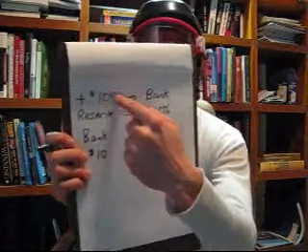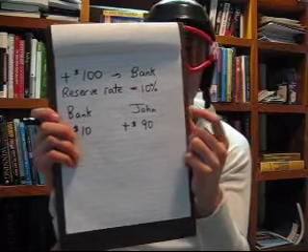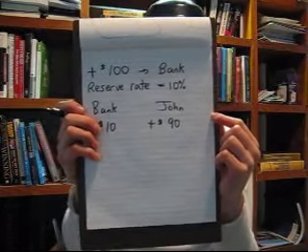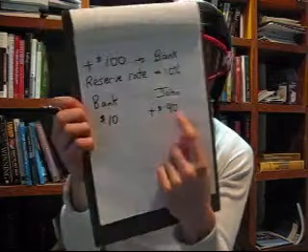So let's say John gets a loan. So we start out with plus $100 to the bank. The reserve rate is 10%, so the bank keeps $10 and they give $90 to John as a loan.